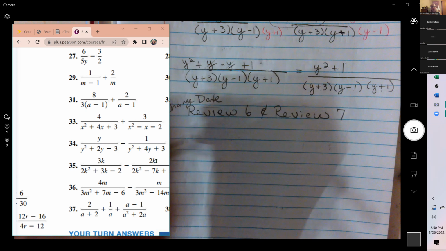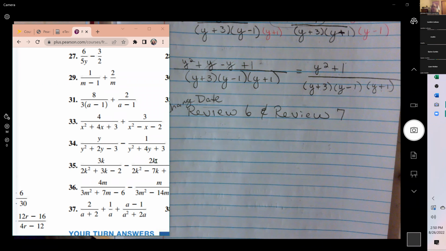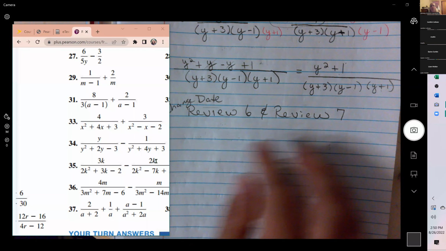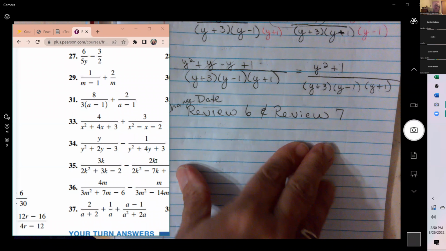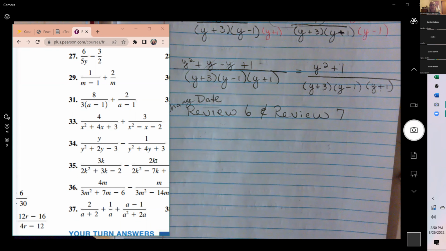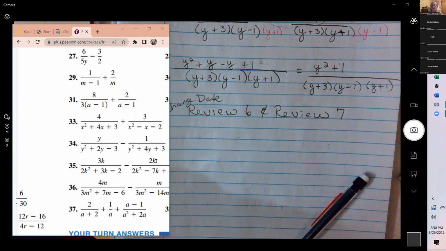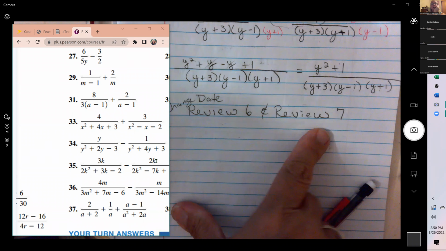Oh, don't forget to do your introduce yourself. When I met with a lot of students, they were nervous about the algebra and the math part of it. And so I want to make sure you understand these. Not that we're going to run into it a lot, but the review is important. So I didn't want to rush through it and just do 1 or 2 problems in each. So we'll do this on Monday.